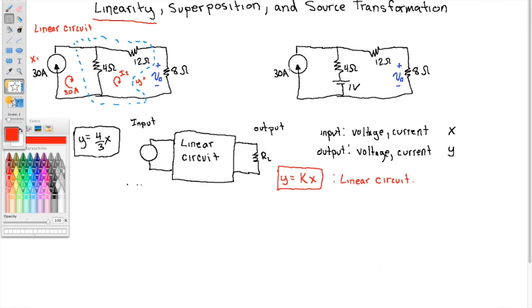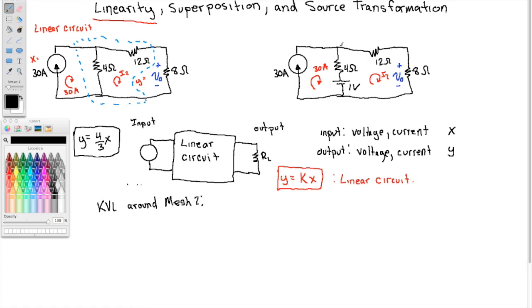So now you say, well, maybe you're unsure because this circuit seems very similar to this circuit, which is a linear circuit. So maybe you think it is. So we'll do the mesh analysis. This is 30 amps, and this is I2. Let's do KVL again around mesh 2.